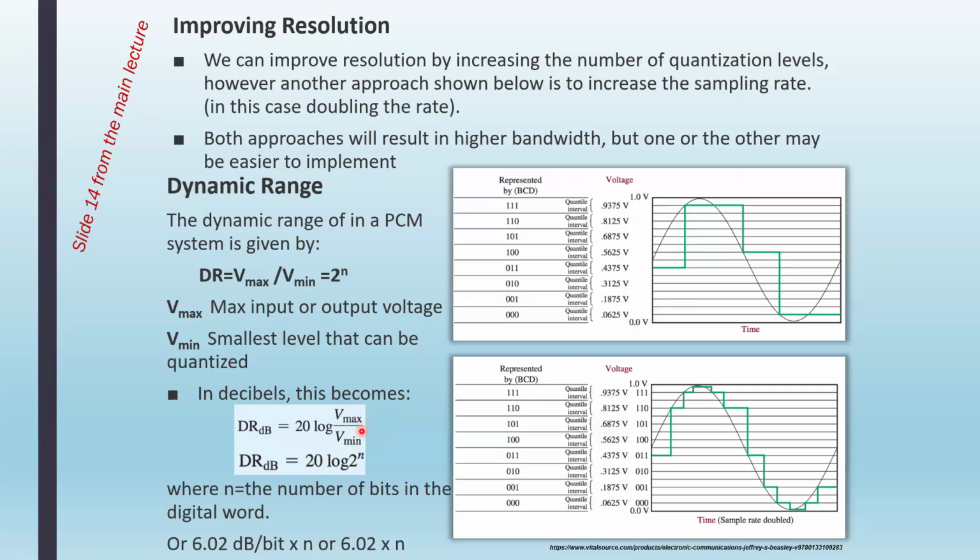And since V max over V min equals 2 to the n, we could just substitute that here, and we get a nice and simple formula. The dynamic range in decibels equals 20 log of 2 to the n, whatever number of bits you have.